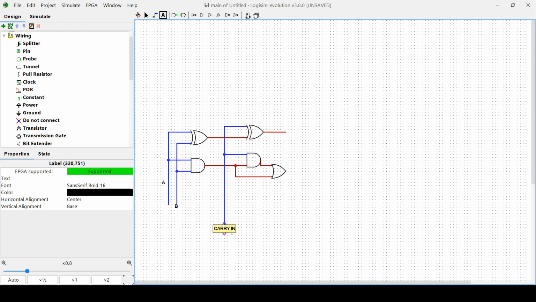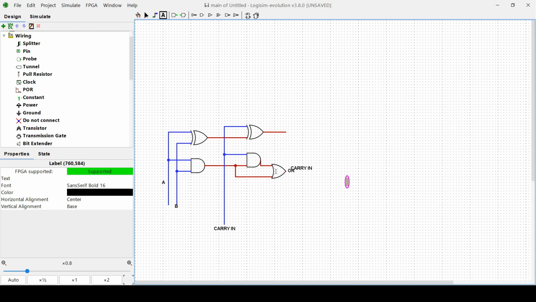From the previous adder, we take an output from this OR gate, and that's our carry out, which goes into the next carry in. But we don't need this gate here.